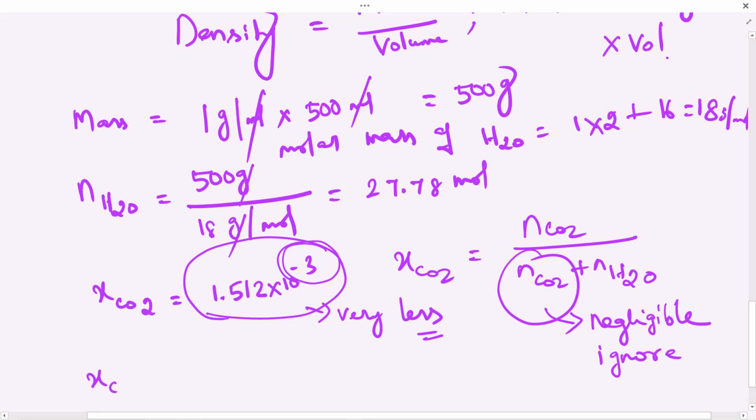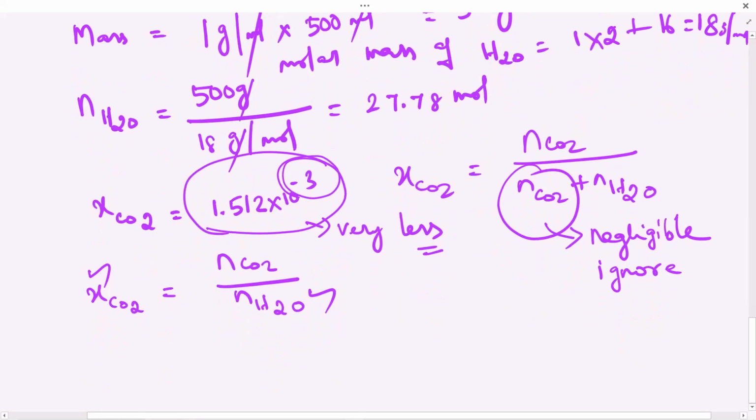So the formula for mole fraction of CO2 will be number of moles of CO2 by number of moles of H2O. Got it? Substitute this in this formula.